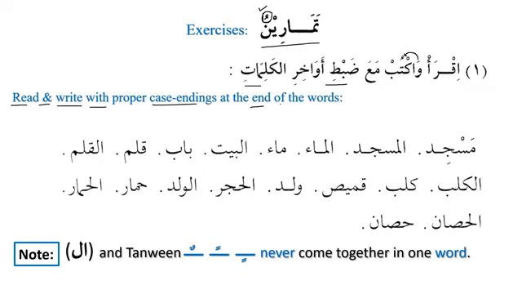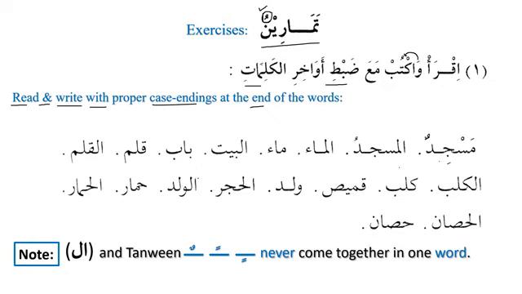So what we have to do now is put the proper case endings of the nouns. Masjidun, so what should be the ending of masjid? Should I put tanween over there? Excellent, masjidun, very good. So we will put dammatan over there. What about al-masjid? Shall I put tanween over there or only dhamma? Okay, excellent. So I will put only dhamma.